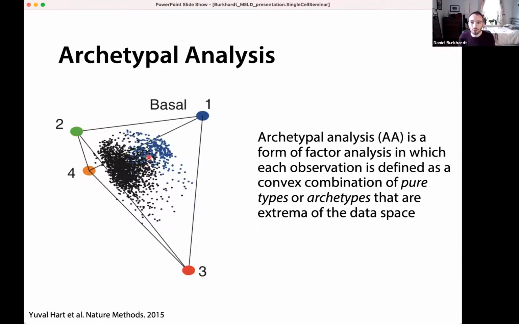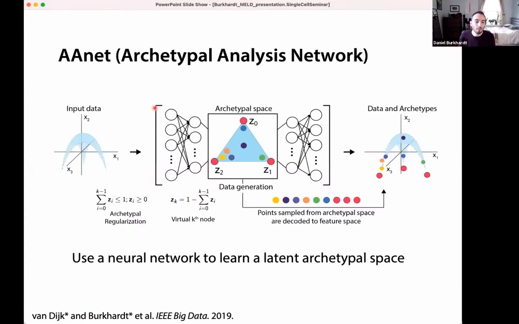The classic way to do this is in a linear way in the ambient feature space. But one of the techniques that we've developed in the Krishnaswamy lab is a method called archetypal analysis network, which is a neural network that takes nonlinear data in the ambient space, like we observe in biology, and uses a neural network autoencoder model with some novel regularizations on the latent space to enforce some of the things we would like to see based on this idea of an underlying manifold of the data.